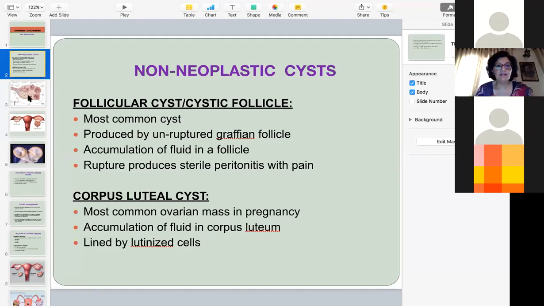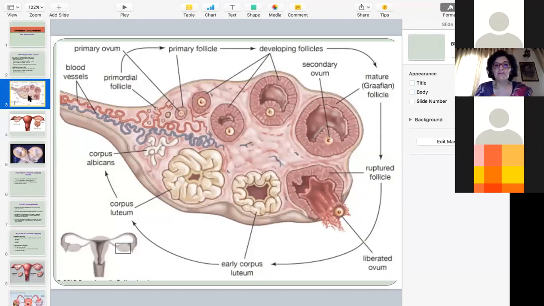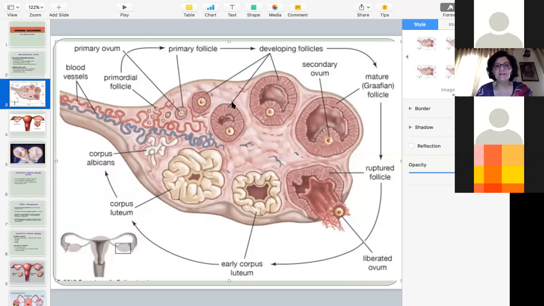Now, if you look at the normal development of a Graafian follicle, you have the primary ovum here. This develops into a primary follicle, and then this develops into a Graafian follicle. This one is a mature Graafian follicle.